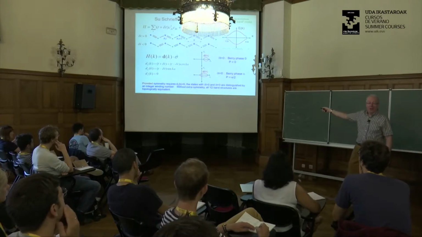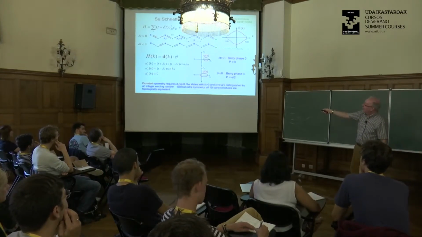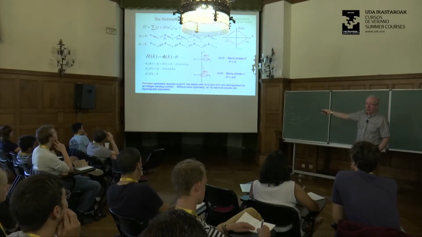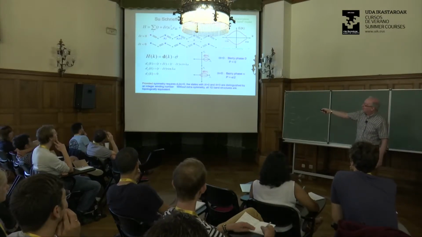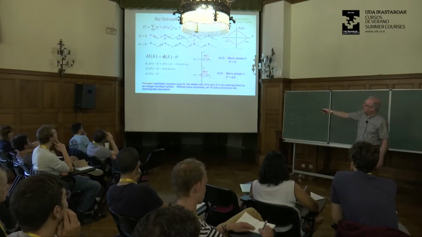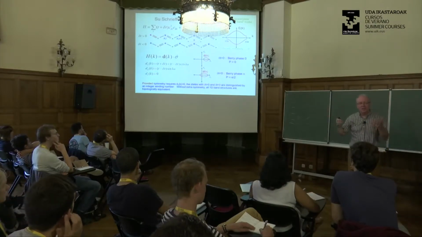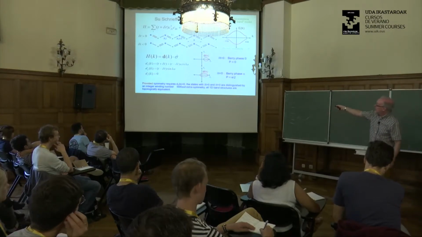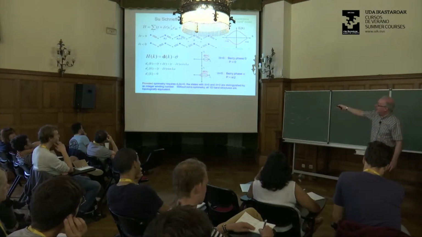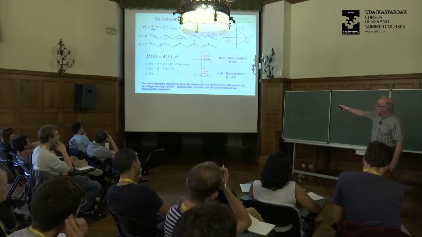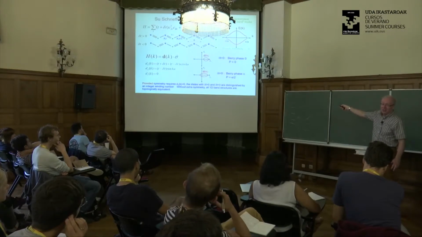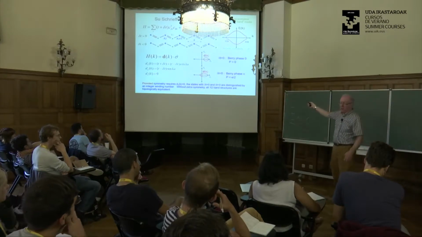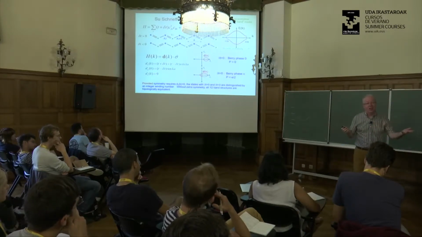It's a half-filled band. And so what polyacetylene would like to do, though, is it would like to dimerize and form strong and weak bonds. And it does this because of what's called the Peierls instability. If you dimerize, then you open up an energy gap. And since you're half filled, you lower the energy of all of the occupied states. And so that's why polyacetylene is an insulator.